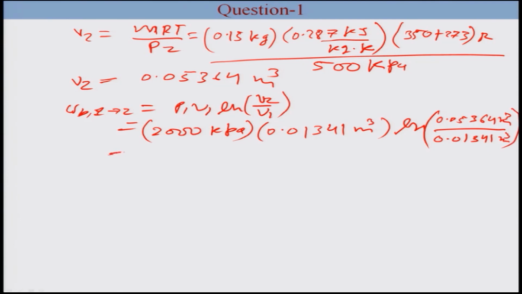So this gives total work in isothermal expansion 37.18 kilojoule.